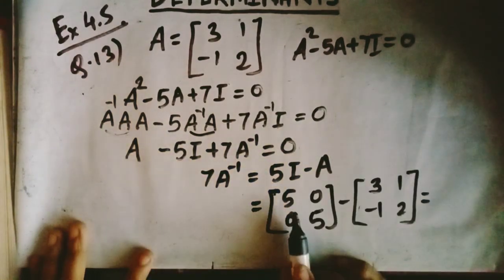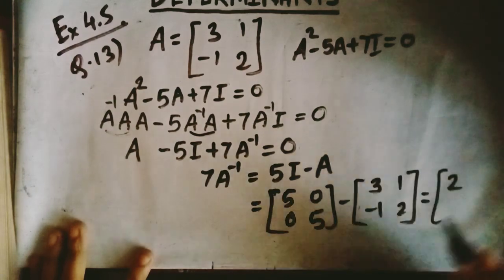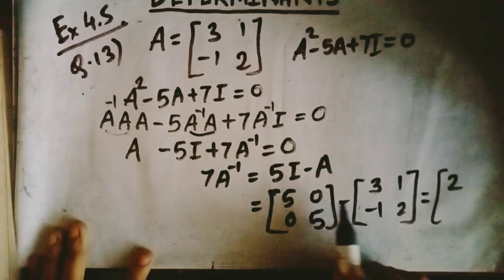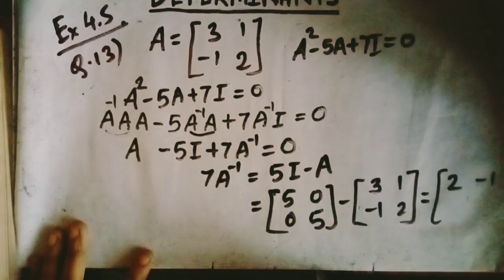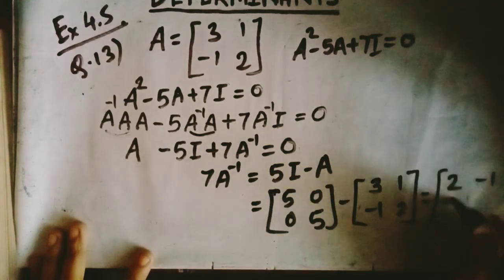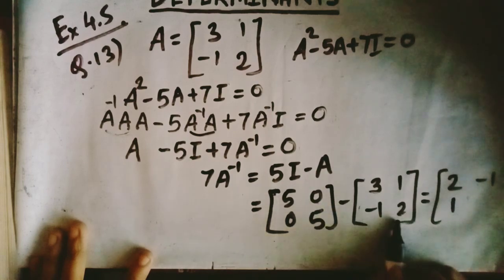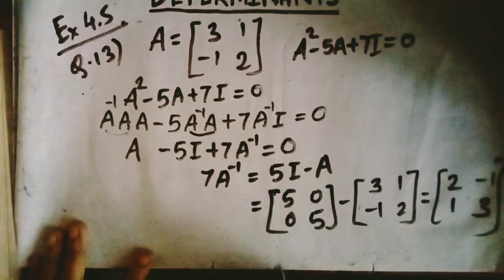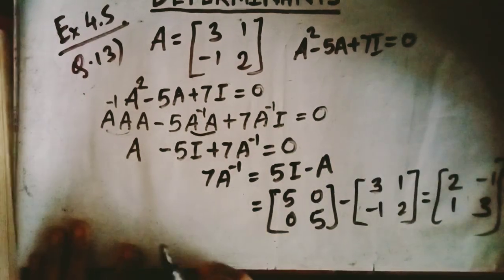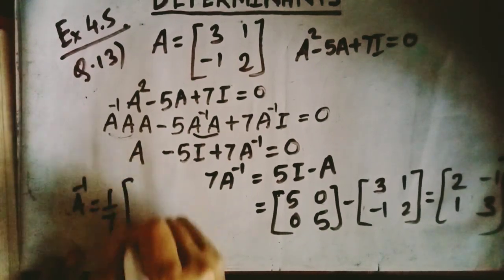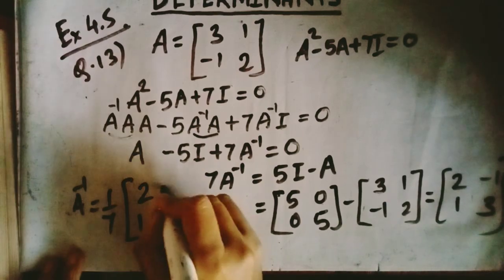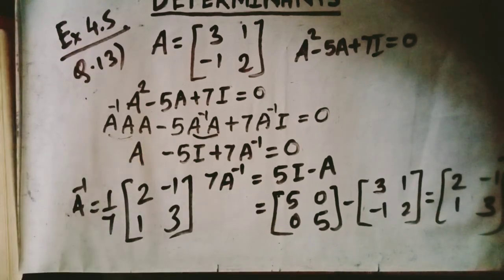So you'll get 5 minus 3, 2, 0 minus 1, minus 1, 0 plus 1, 5 minus 2, 3. So this is your 7A inverse. So your A inverse will be 1 upon 7 times [2 1; -1 3].